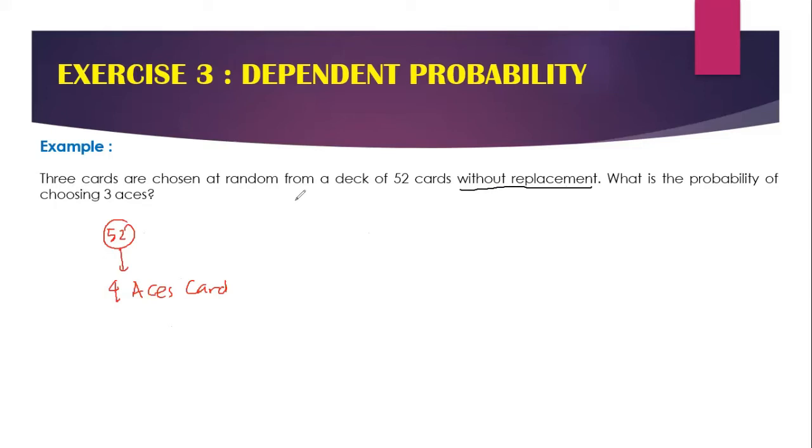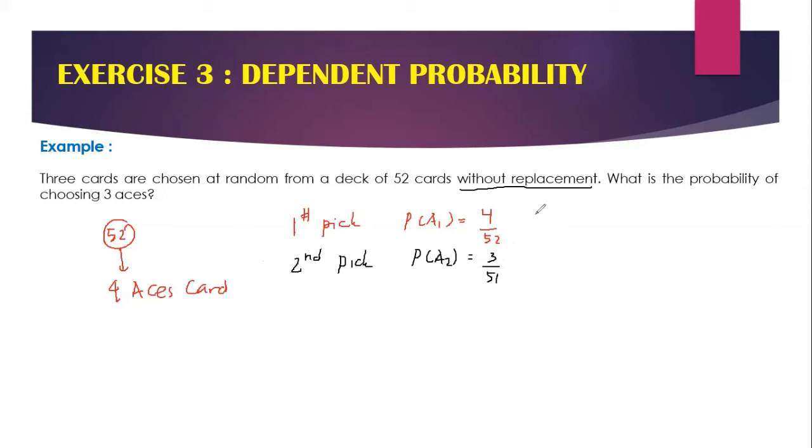So, again, find the probability of each. For the first pick, the probability of an ace equals 4 over 52. For the second pick, the probability of the second ace is 3 over 51. Why 3?